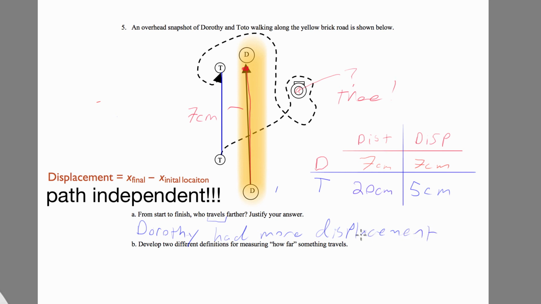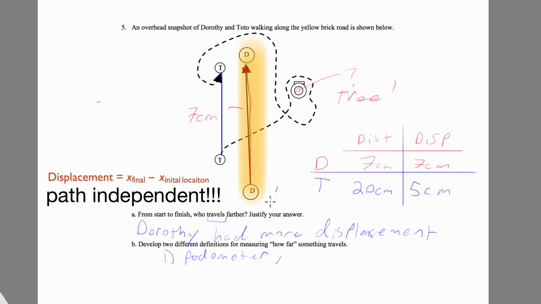And it really depends. Again, travel is not a technical word. It's not a word used in physics because it's vague. So we developed two different definitions for measuring how far something travels. Definition 1 is like your pedometer definition, or if you have a GPS watch, it tells you how far you personally moved.